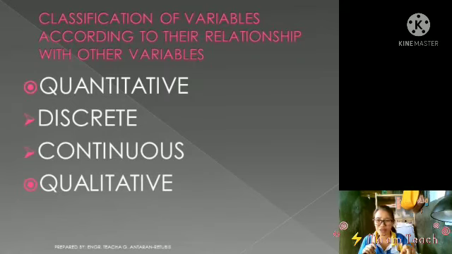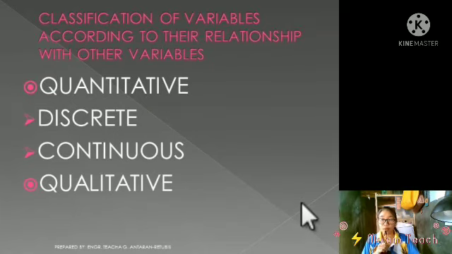So 1.73, it isn't in our actual grading, right? Because our grading is only 3, 2.75, 2.5, 2.25, 2, and so on and so forth. So there's no 1.73, but you know that 1.73 is within your range. So it could be that it is not really specific. Do you get my point, class? So that is a continuous variable. So, class, it is very important that you distinguish the two.